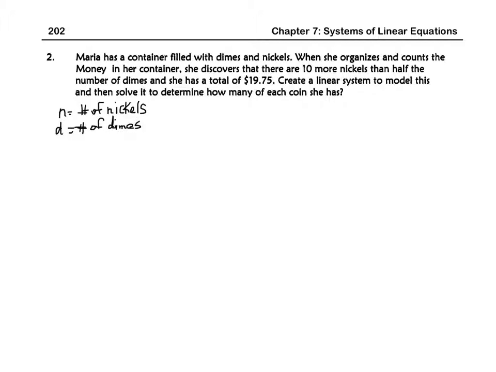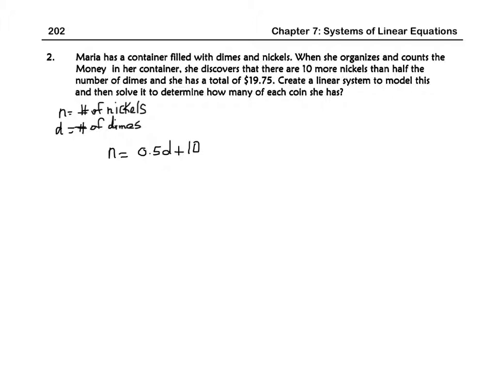So the first equation, and we need to come up with two equations now with those two unknowns. It says that she discovers there are 10 more nickels than half the number of dimes. So that means one equation can be nickels, the number of nickels is half the number of dimes, so 0.5 times the number of dimes, plus 10.